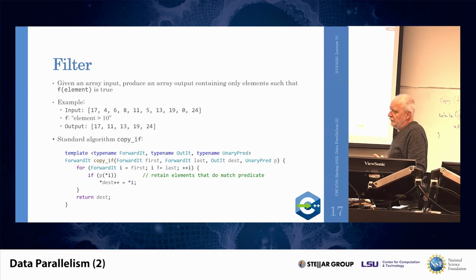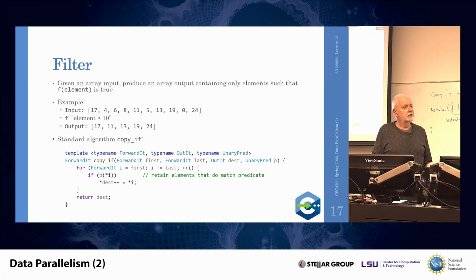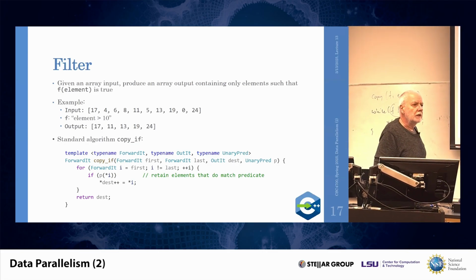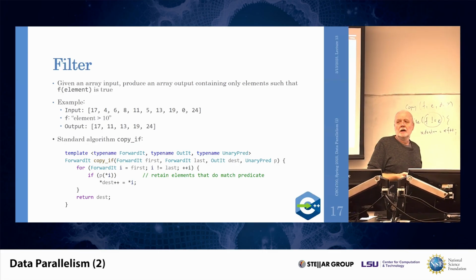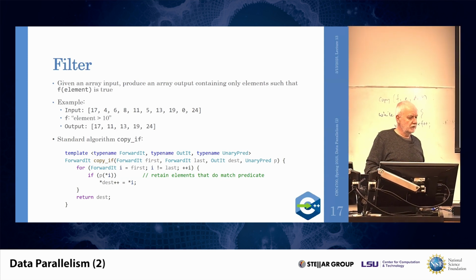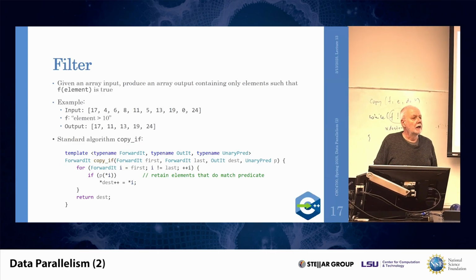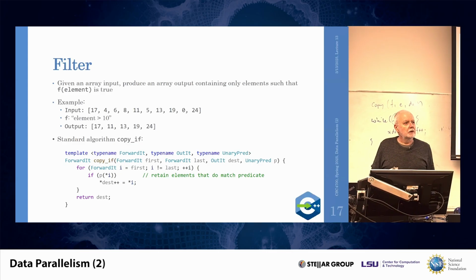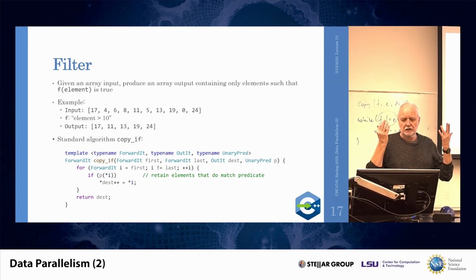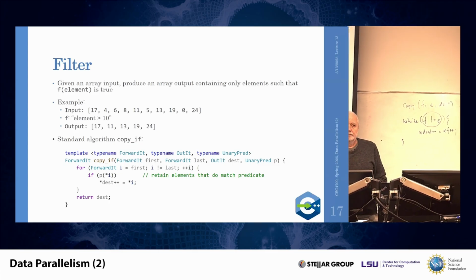Even more, if you apply this algorithm on a data parallel architecture like GPUs, there might not even be a loop. They might do other things under the hood that don't even iterate over all elements. They might assign one processing unit to each input element and just do it in a data parallel way, so that for 10,000 elements, you use 10,000 GPU cores, and in the end you will get what you want.